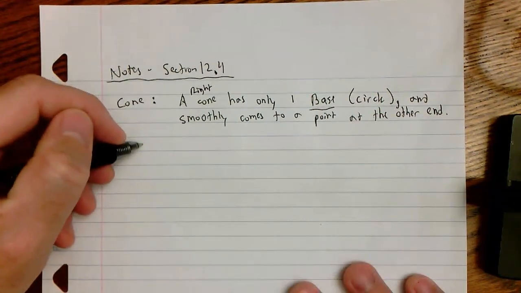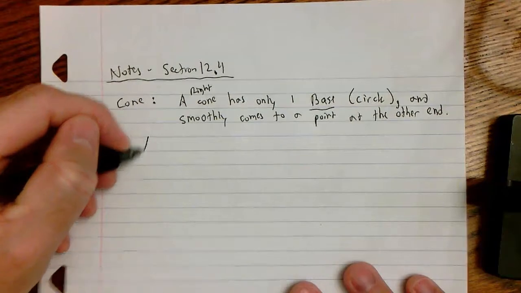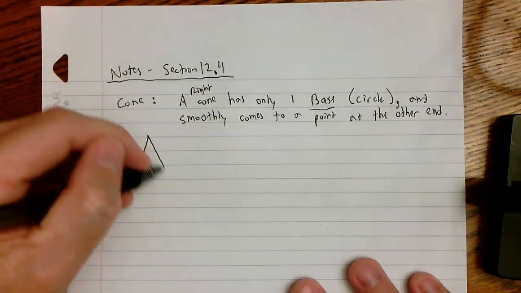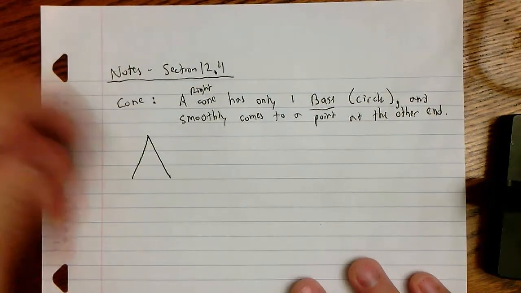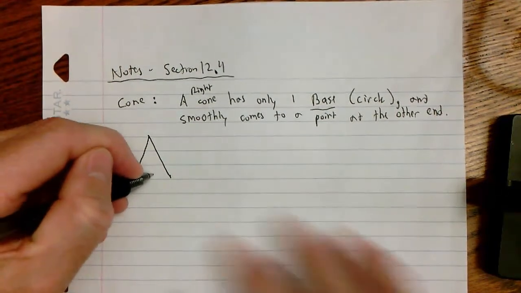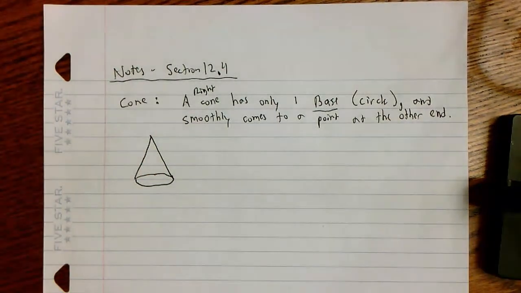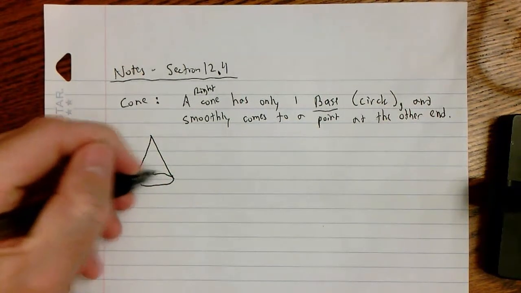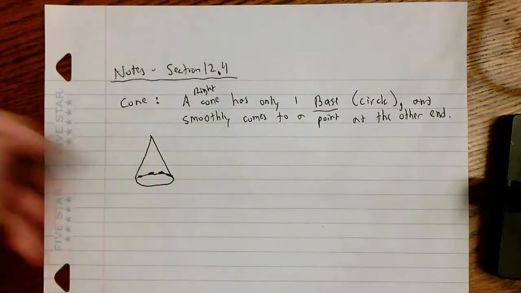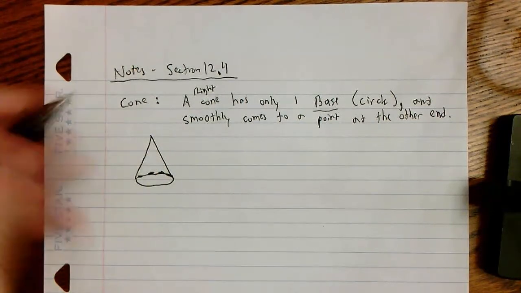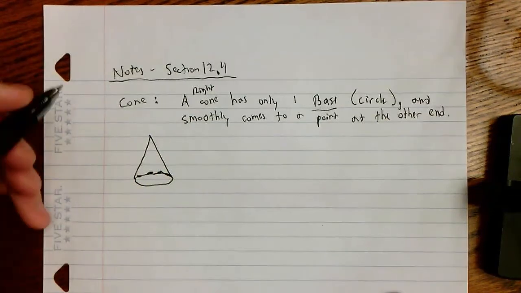Pretty easy to draw. You could just draw a triangle without putting the bottom on. And at the bottom you kind of draw an oval. That makes it look three-dimensional, even though that bottom's really a circle. Some people even make this a dashed line back here to make it look more like it's hidden behind the cone.